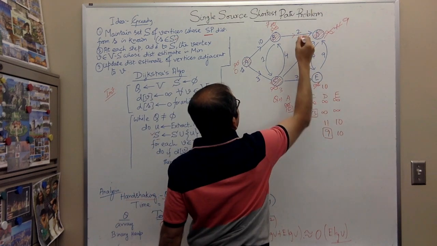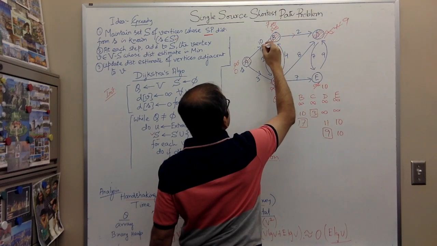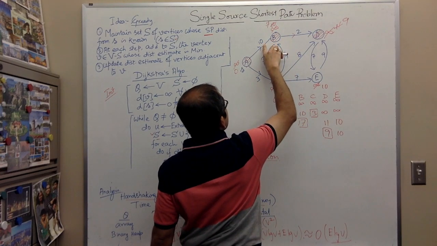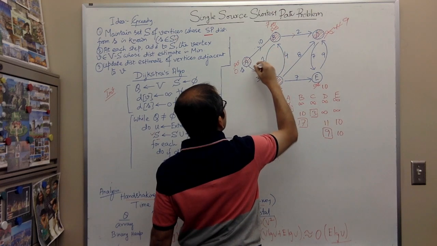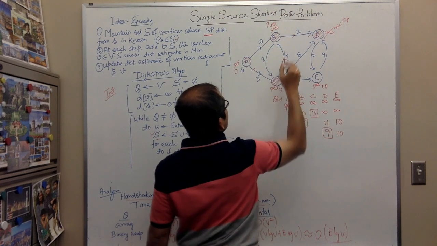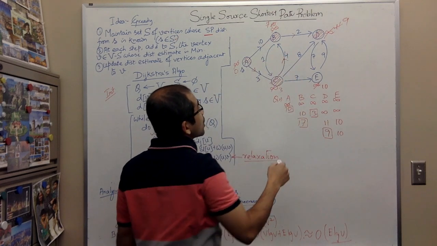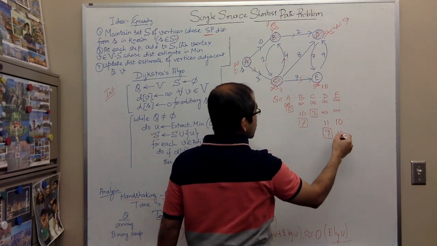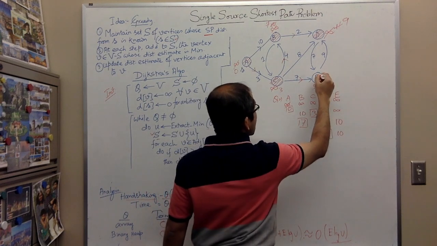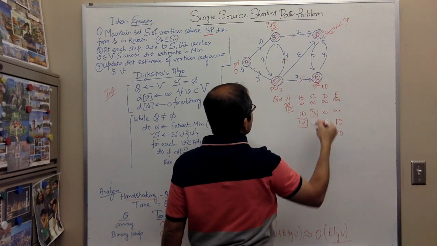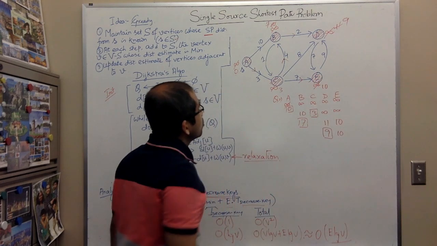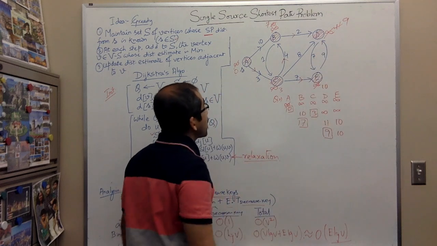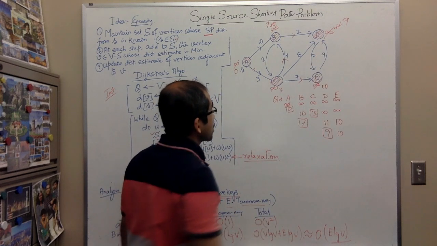We took this path, we took this path, and then no, we didn't take this path. B's distance estimate was through this path. Okay, and now the next minimum is 10. So we take out E, and from E you could have gone 10 plus 9, 19, but we had a cheaper path, you see. So all our estimates are correct.